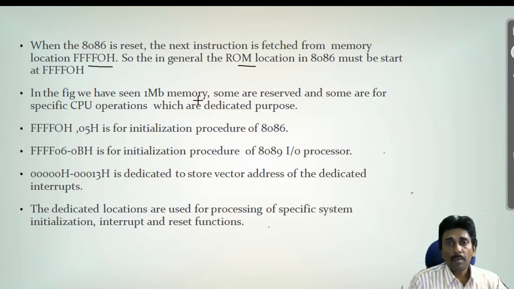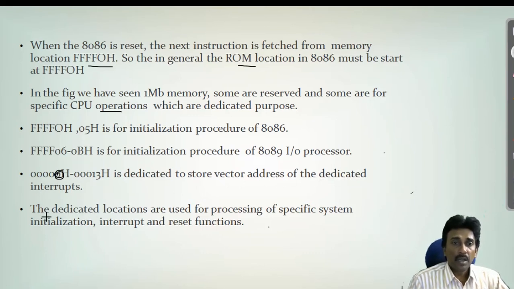In the 1 MB memory, some memory will be dedicated to CPU operations. Let us take FFFF0 to 5H for the initialization procedure of the 8086, and from 06 to 0BH used for 8089 IO processor initialization, and 000H to 13H dedicated to storing the vector addresses of the interrupt vectors.